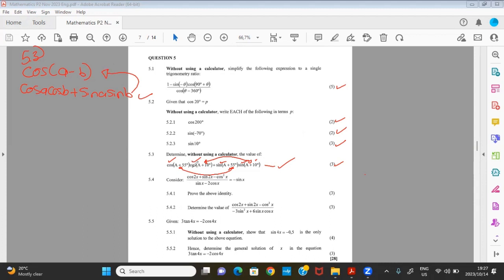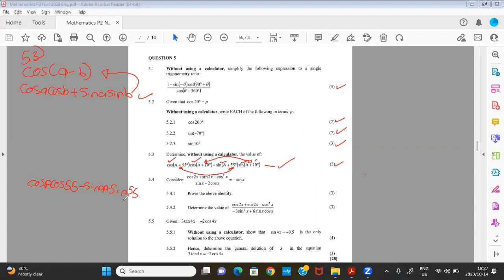Once you get something like this, you just want to simplify it: cos A cos 55, and then minus sin A sin 55. Once you do that, you are done.